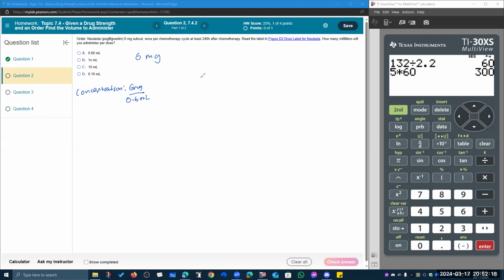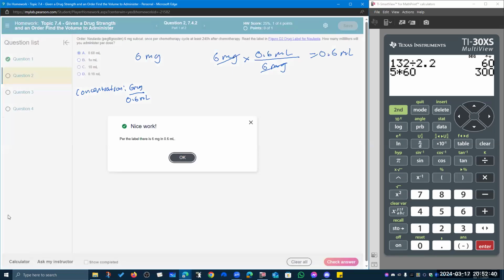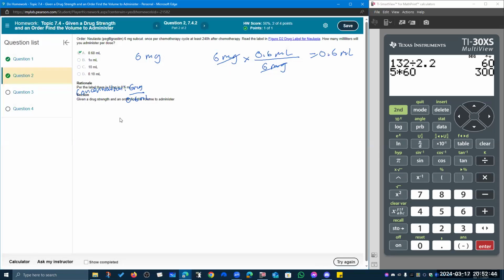We're not asked about SDR here. We're just asked how much will you need to administer. So we need the 6 milligrams to go on the bottom with the concentration, 0.6 milliliters to go on top, and we'll need to administer 0.6 milliliters. There we go.